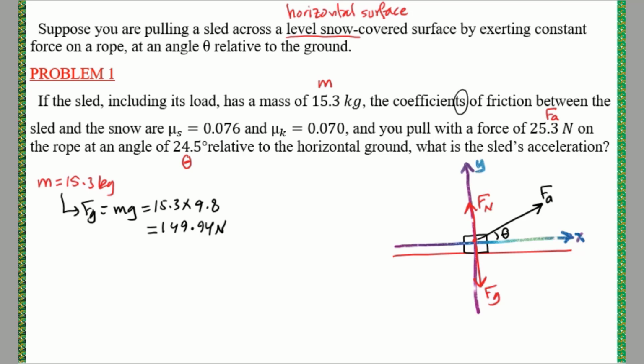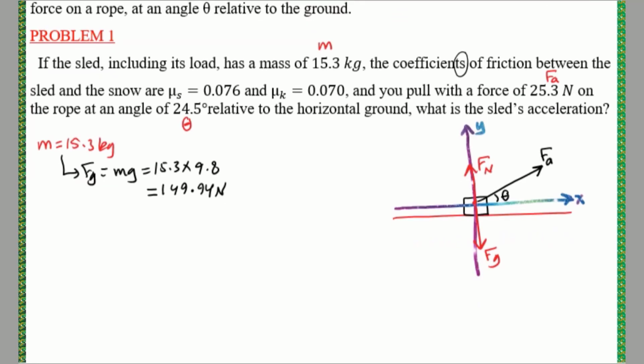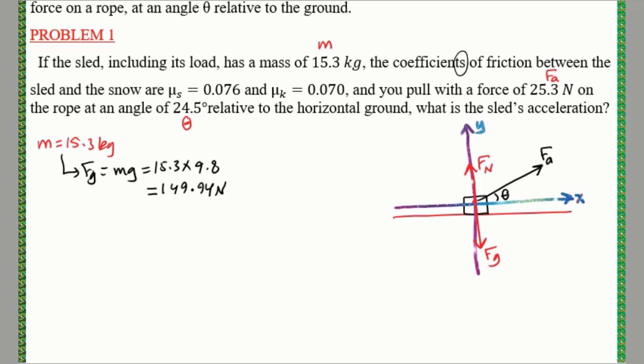First of all, we need to find the frictional force, the static frictional force and the kinetic frictional force, and compare it with the pulling force. Why is that? Follow me to see why.